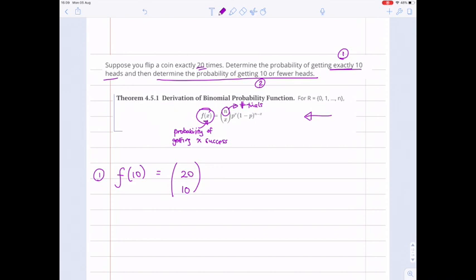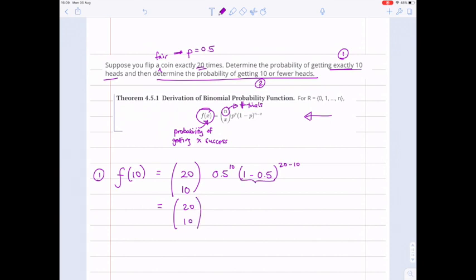We're going to assume that our coin is fair, which tells us that our probability of the success is the usual 0.5. So then we have 0.5 to the x, which is 0.5 to the 10, times 1 minus 0.5, 20 minus 10. And if you work this out, that gives us a 20 choose 10.